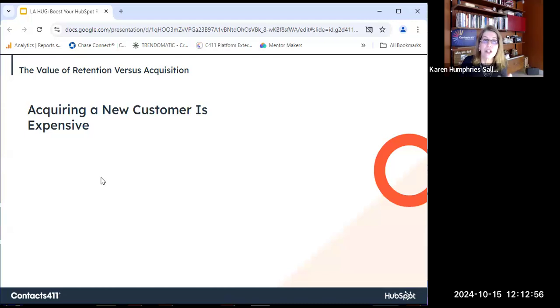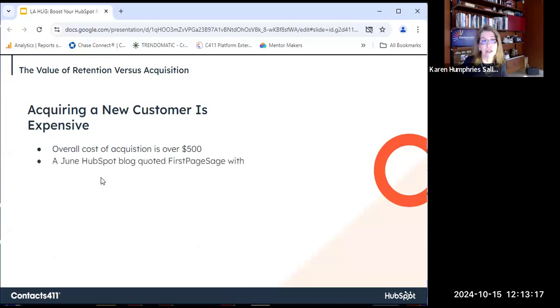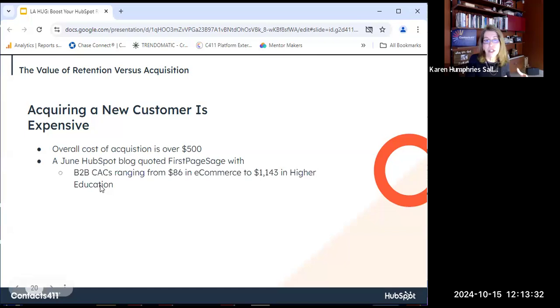So let's talk about how much it's going to cost you to get those new customers. The first thing is, just in general, overall cost of acquisition is $500. It used to be around $400 for mature businesses overall. Now it's $500. It is, though, all over the map in terms of your business. So in June, HubSpot had a blog where they quoted First Page Sage, and the numbers they gave on the B2B side: customer acquisition costs ranged from $86 for B2B e-commerce to almost $1,200 in higher education.